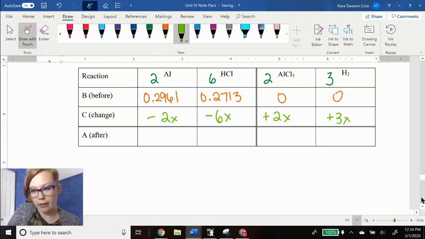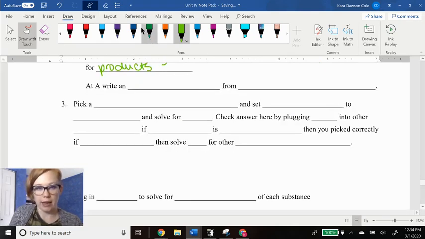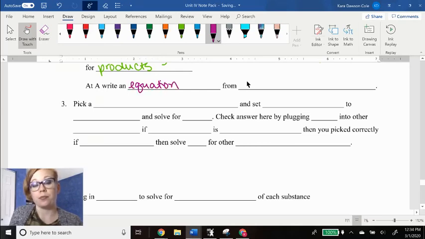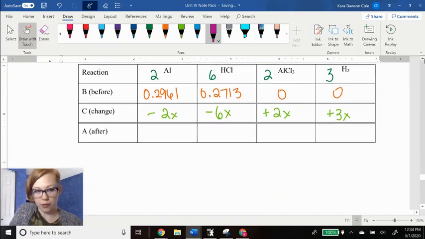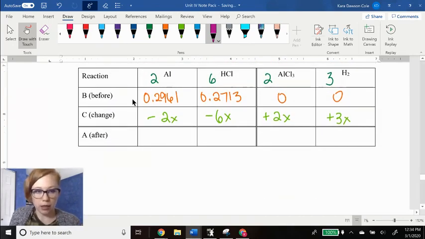And then for my after, for my A, I am going to write an equation from B to the before plus the C, okay? So it's B plus C. So then I can go back up here. Well, in my B for Al, I have 0.2961 minus 2x.